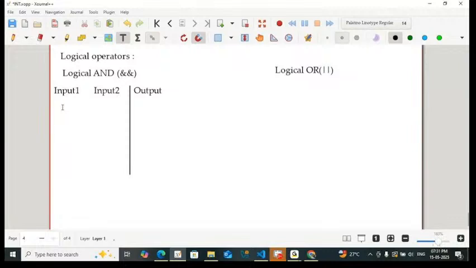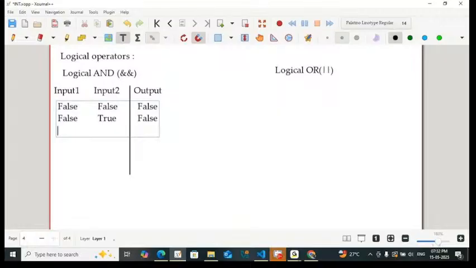Okay. So if the input 1 is false and input 2 is also false, then output is also false. If the input 1 is false, input 2 is true, even then the output is false.